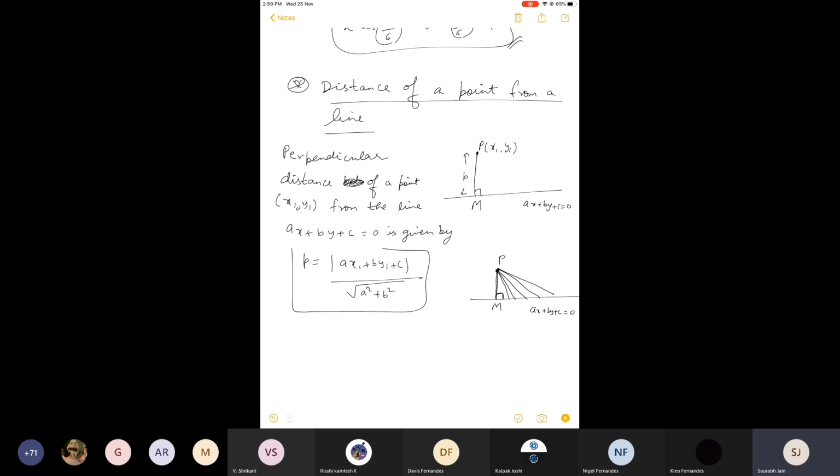This is the formula to find the perpendicular distance of a point from a line not lying on it.